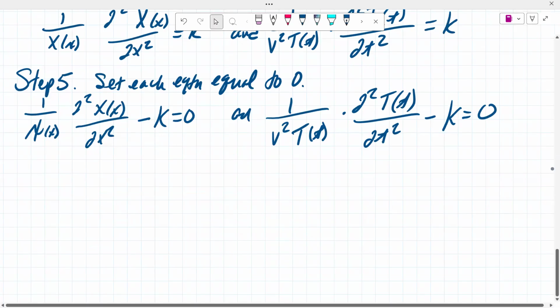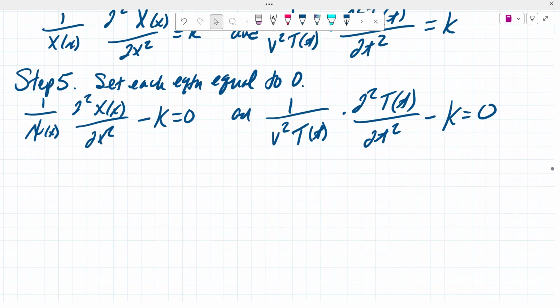Step 6. Multiply to remove the denominator and make the leading coefficient 1. Remember, we talked about solving the second order linear homogeneous differential equations. One of the things you have to do is have the leading coefficient be 1, and that's not 1, right? It needs to be set equal to 0.